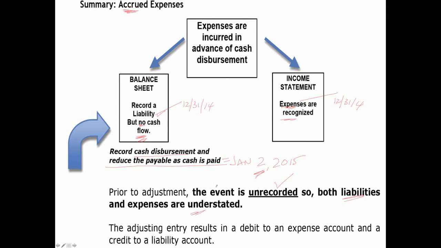And the adjustment will always wind up with a debit to an expense account and a credit to a liability account. So again, here we had to debit the salary expense, $1,200, and we credit salaries payable.